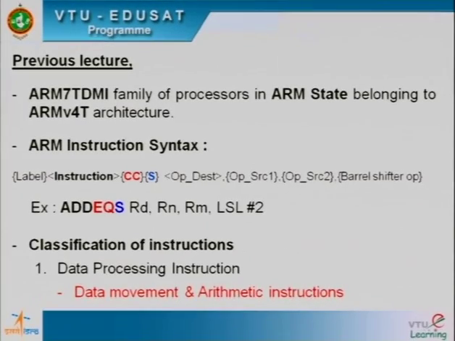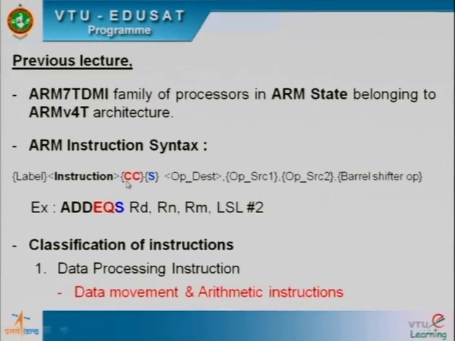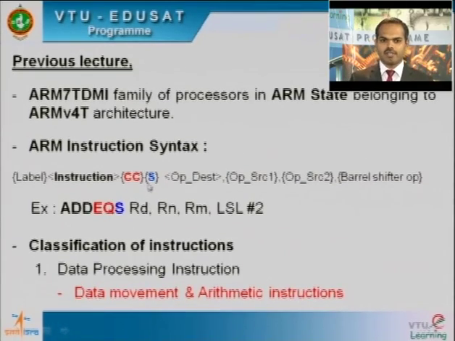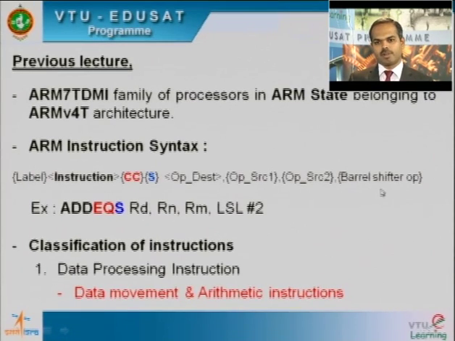ARM7 TDMI family of processors in ARM state, belonging to ARM architecture version 4T. This is the instruction set that we are discussing. The general ARM instruction syntax is as follows: label, followed by instruction, CC condition, S suffix for updating the CPSR register, operand destination, operand source 1, operand source 2 with the barrel shifter operation.